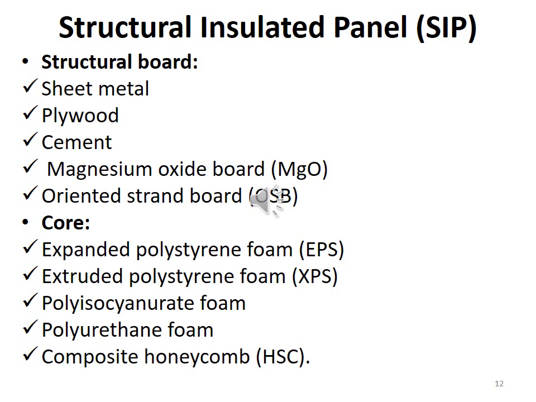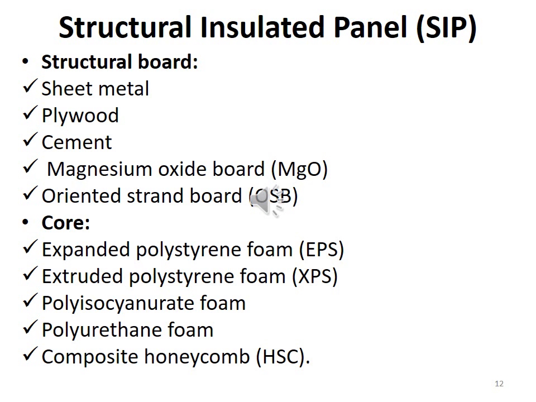Structural insulated panels consist of an insulating layer of rigid core which is sandwiched between two layers of structural board. These structural boards may be of sheet metal, plywood, cement, magnesium oxide board MgO, or oriented strand board OSB.